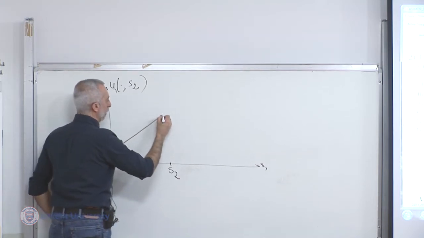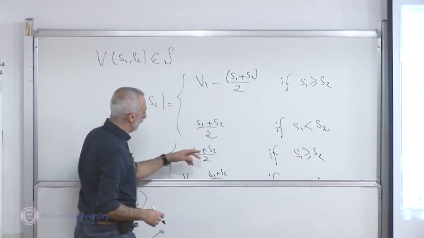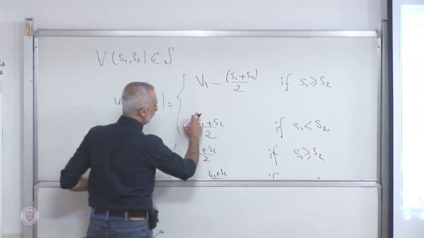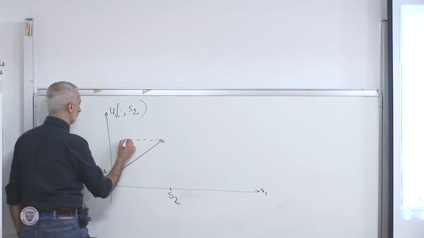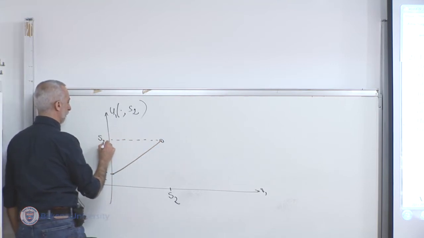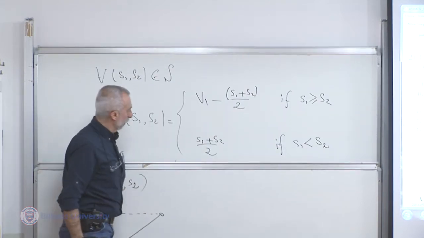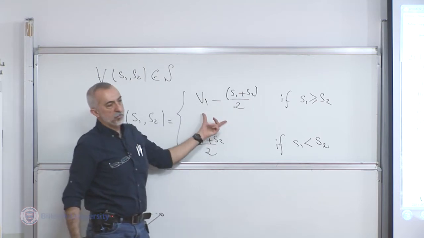It goes up all the way to this point. That's not included. If that point was included, the value would be S2 plus S2 over 2. So that point would be S2. Okay.